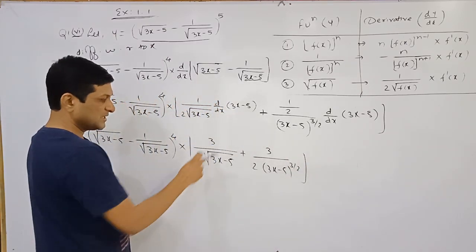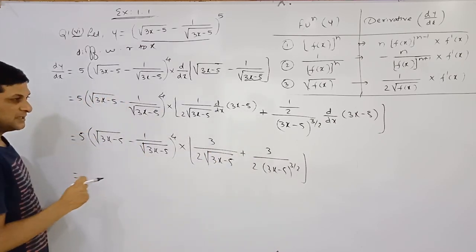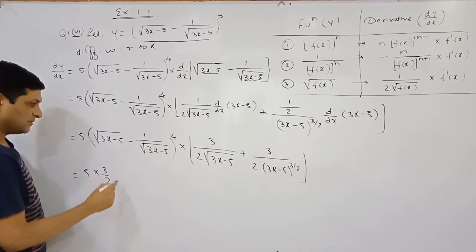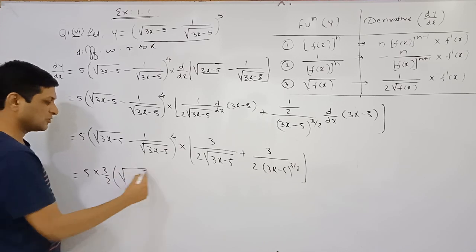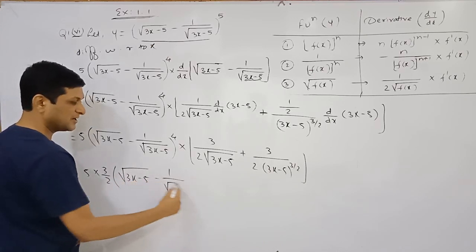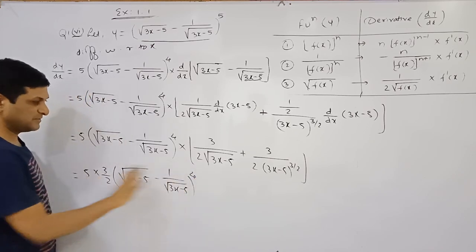Now, if you observe, can I take 3 by 2 common from both the terms? If we take 3 by 2 common, here we will get 5 into 3 by 2. Keep this term as it is, under root 3x minus 5, minus 1 upon under root 3x minus 5 raised to power 4. Keep this term as it is.